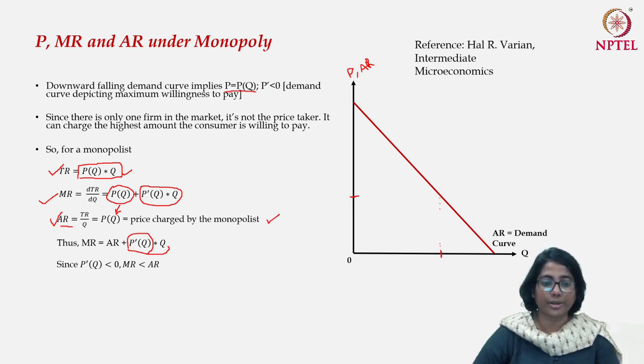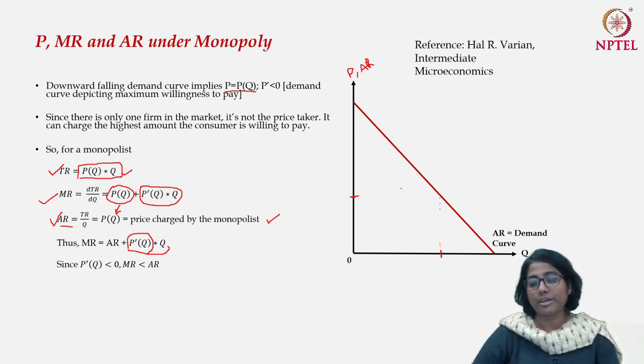So the demand curve is falling. So MR is equal to AR minus some positive number. So I can say plus some negative number, or minus some positive number. So you need to add something to MR in order to get the average revenue. So your marginal revenue is actually lower than your average revenue.